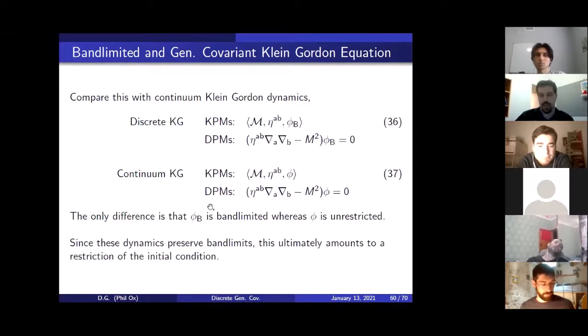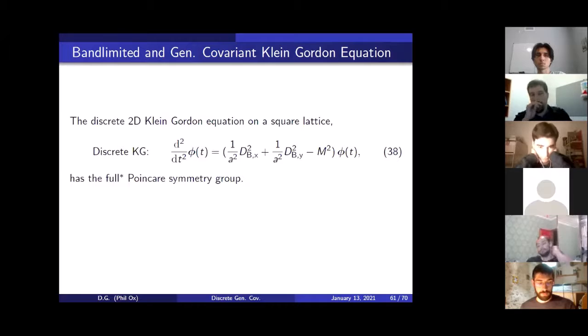And since, again, the Klein-Gordon equation preserves band limits as you move forward in time, this is just a restriction on the initial condition. So really, having a lattice description of our theory in these two cases has been nothing except putting a restriction on the initial condition. And let me put this in really striking terms.